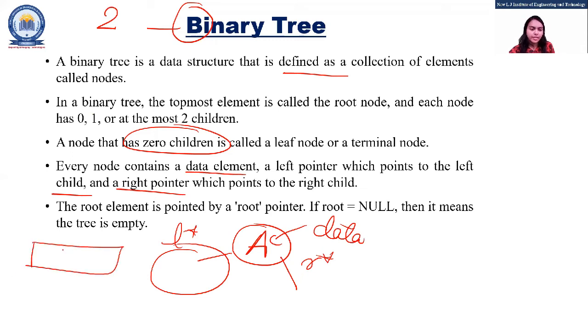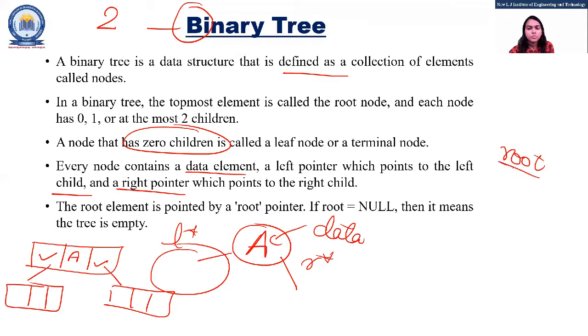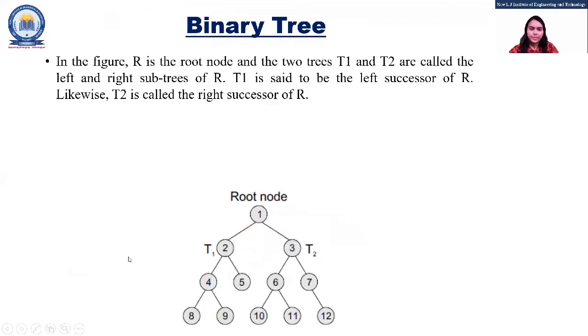In a linked list, we can represent it this way, where the left pointer and right pointer point to some other data, which in turn has its own left and right pointers. The root element is pointed to by the root pointer. Similarly, in a linked list we have a start pointer. And if root is equal to null, then the tree is empty, right?